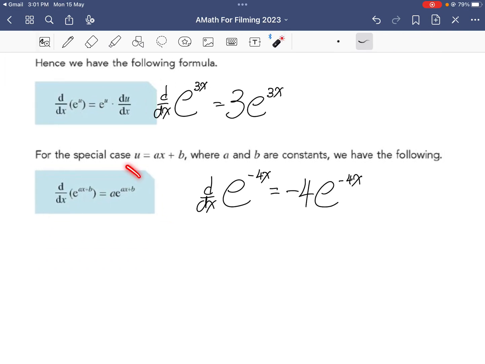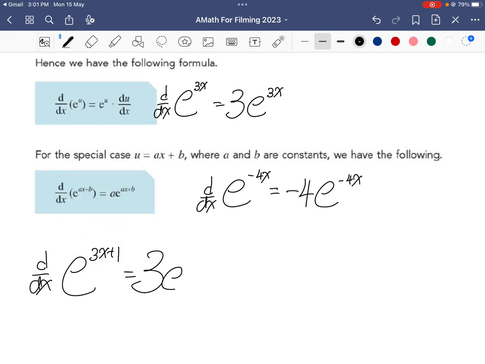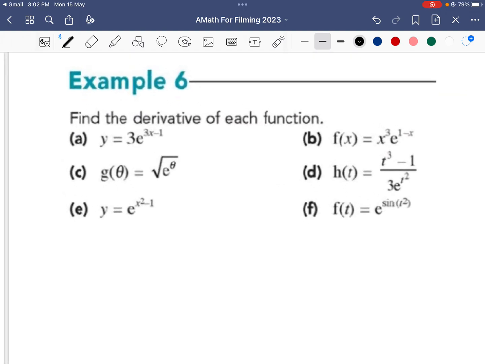So for example, if I have e to the power of 3x plus 1, if I attempt to differentiate it, 3x plus 1 differentiated will give me 3. So I put it out in front, this gives me 3 times e to the power of 3x plus 1. That is it. So just differentiate the power, then bring it down, and you multiply everything by that.